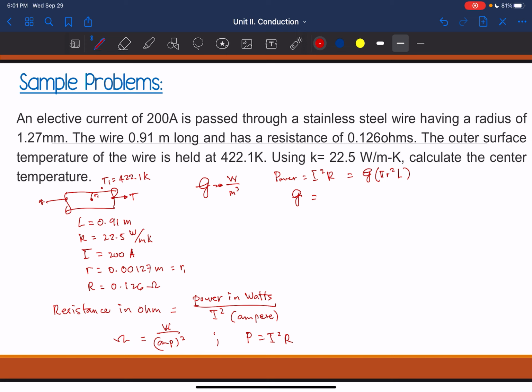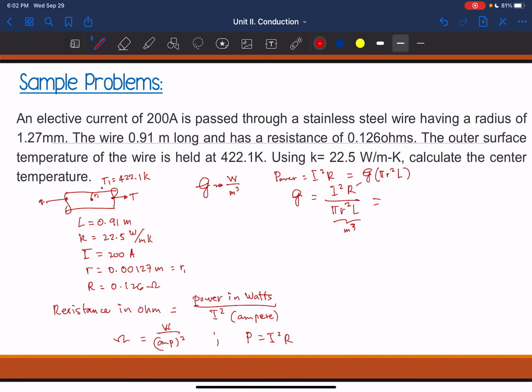So your G, therefore, is your I squared R all over pi R squared L. This is in watt, this is the volume of the wire in cubic meter.